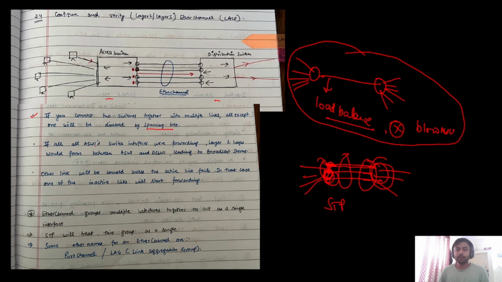If all the links between the switches were forwarding, layer 2 loops would form between both the switches, leading to a broadcast storm. Let's say if all the interfaces are up and running, then also there will be a broadcast storm. What is a broadcast storm?